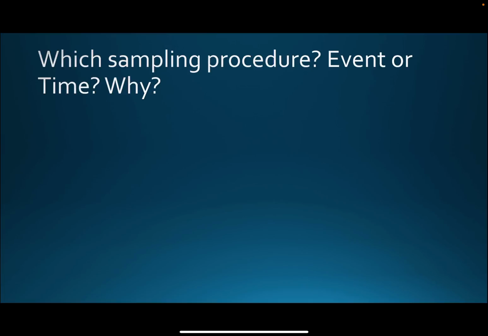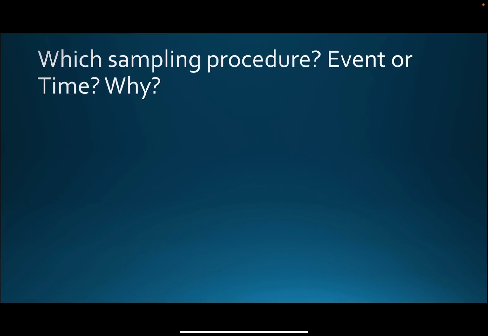It'll be too confusing, we'll miss stuff. So if there's going to be lots of examples of those behaviours, it's difficult to use event sampling. It'd be better to use time sampling. But if the behaviour is not going to occur very often, so you want to get a nice good picture of every time it occurs, then event sampling is useful.